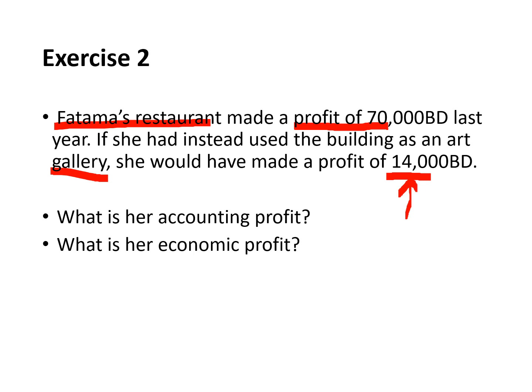Okay, so let's identify what is her accounting profit and what is her economic profit. Remember, the economic profit is going to be less than the accounting profit because we also subtract the implicit costs, which is the opportunity cost, which is this here.